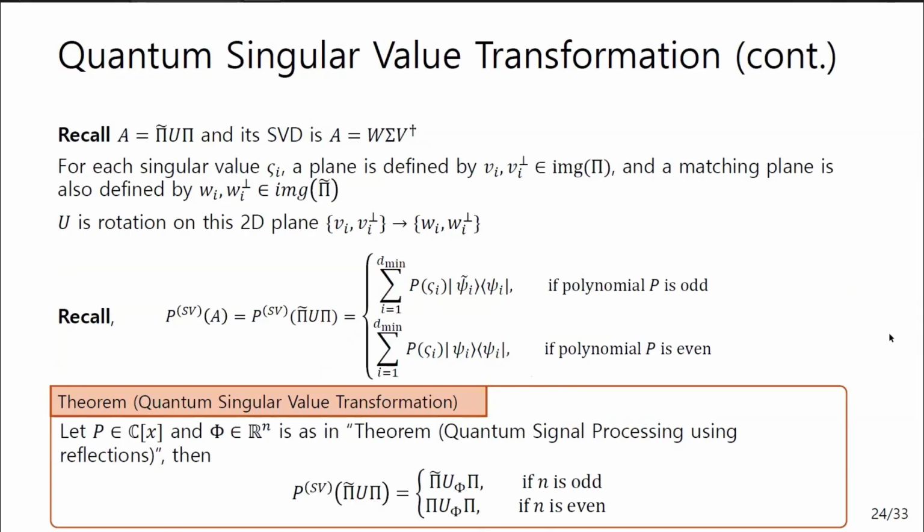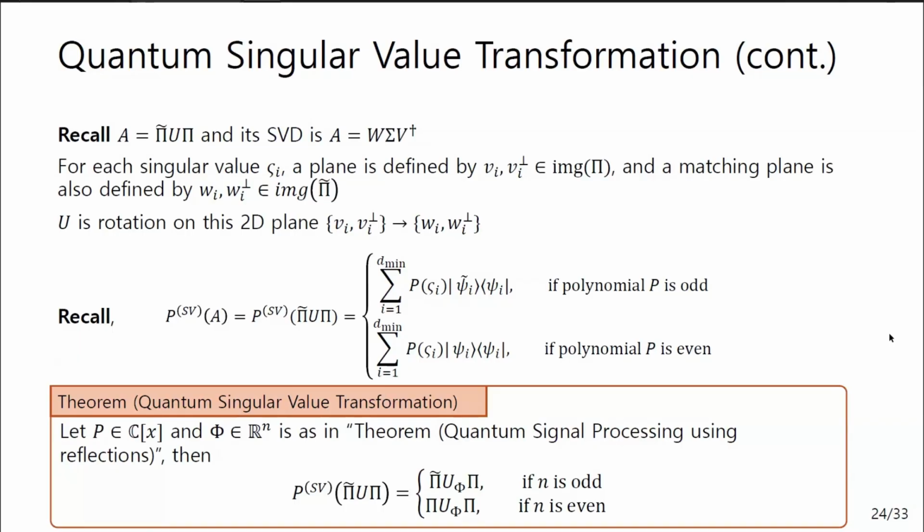I told you in the previous slide that the polynomial transformation of A, P(A), is equal to P applied to pi tilde U pi, and if the polynomial P is odd, it is the sum of P of singular value sigma i times psi tilde i and psi i.